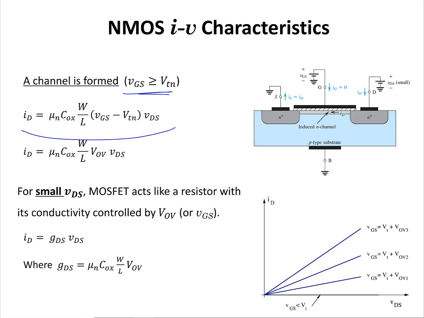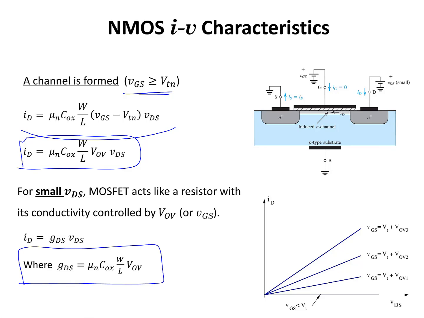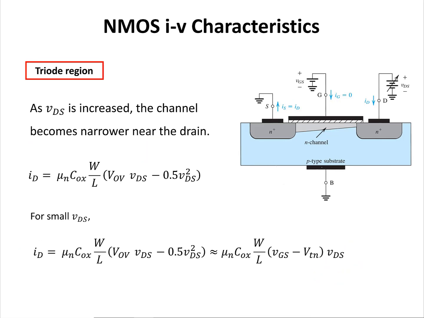Now for small V_DS values, the MOSFET is going to act like a resistor, because if you look at the equation, I_D versus V_DS has the same IV equation as a resistor, and the conductance of this transistor can be calculated using this expression. Let's see what happens if the value of V_DS is increased. As V_DS is increased, the channel becomes narrower near the drain.